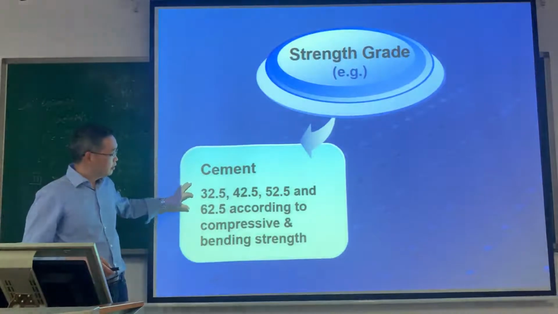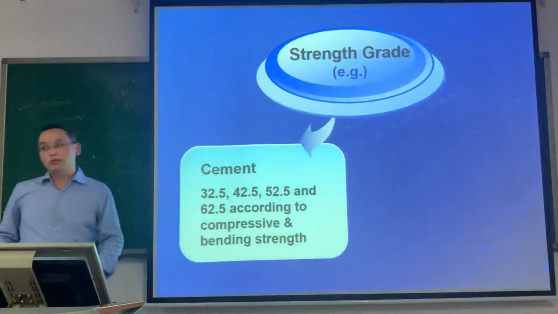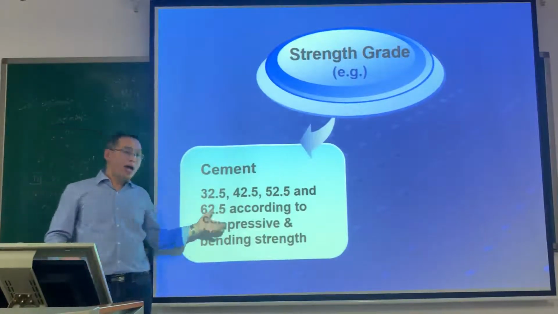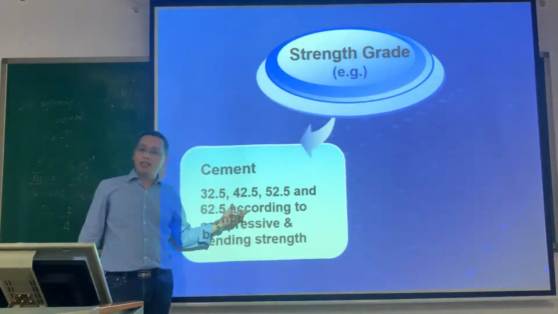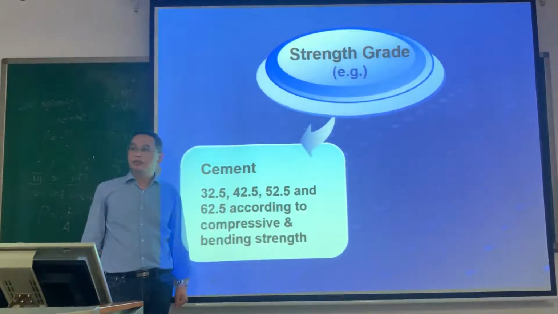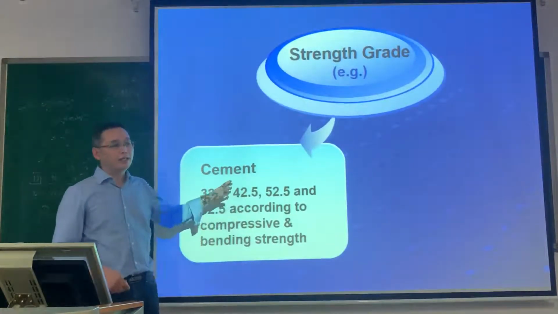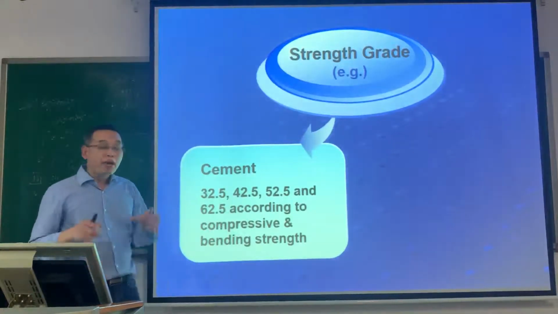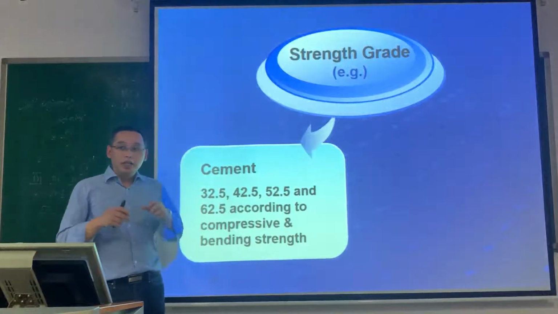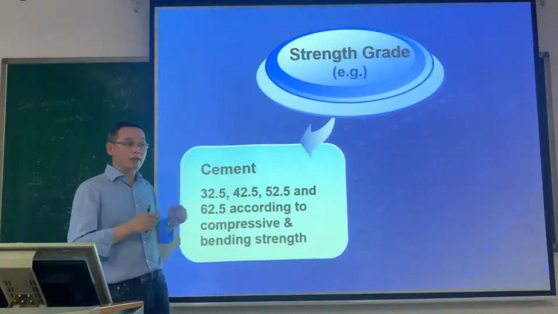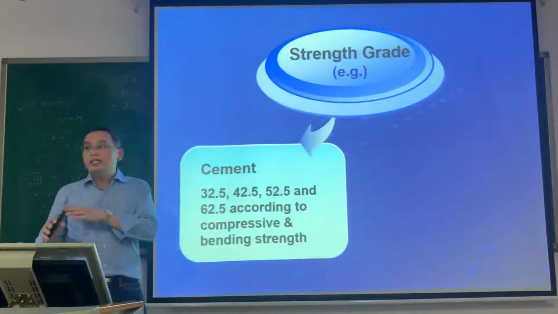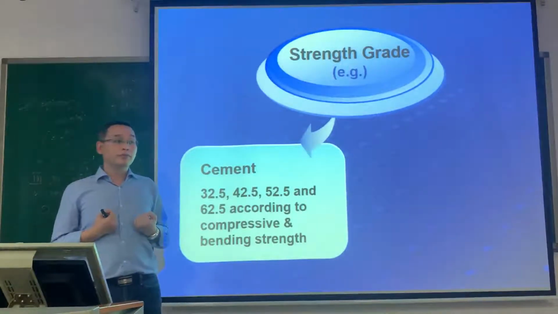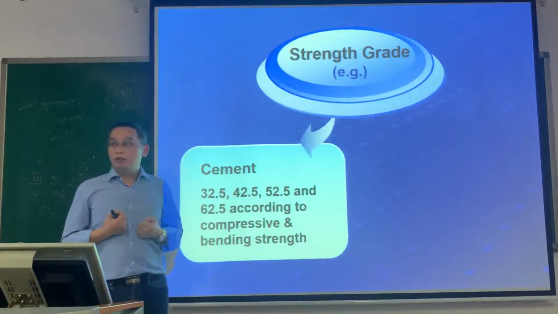Okay. So another question we need to know: why do we need these different kinds of cement grades? Why do we need these different grades? Because of the application of the cement. If I just want to build a house for myself, okay, this is one.